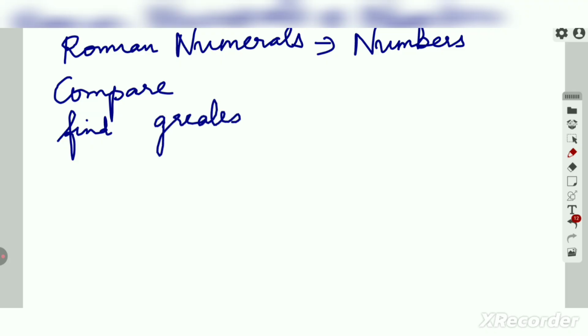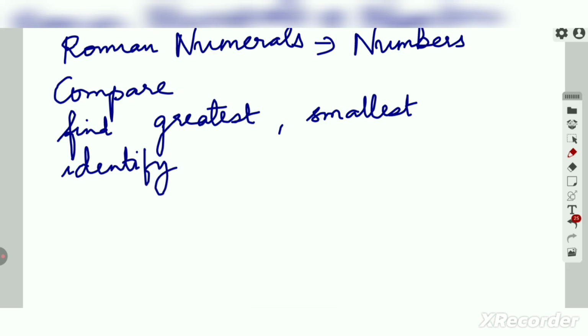If a set of Roman numerals is given, you will be asked to find the smallest or the greatest. Next, you will need to identify the meaningful and meaningless Roman numerals. That is in fact a very important question which always comes in the Olympiad exams. A set of Roman numerals will be given. You have to find out which is meaningful and which is meaningless.